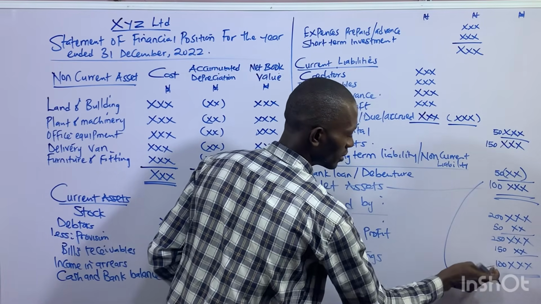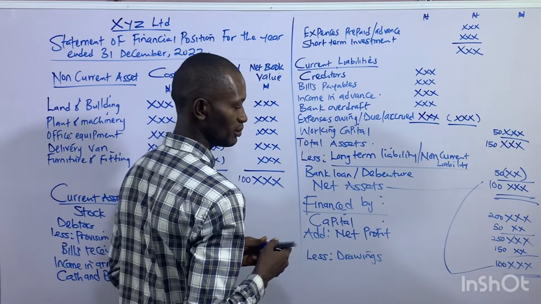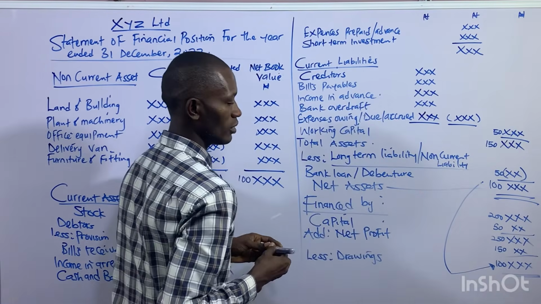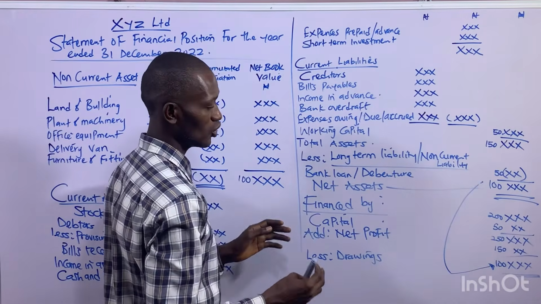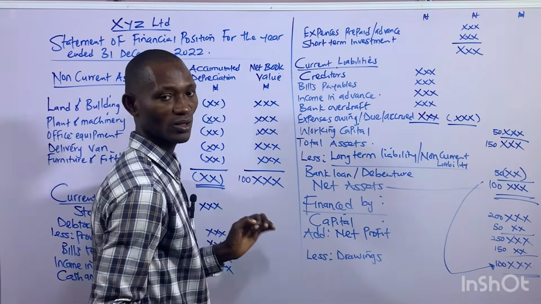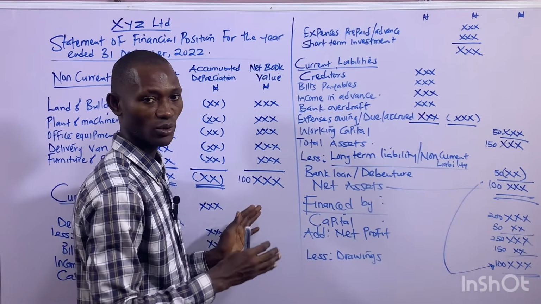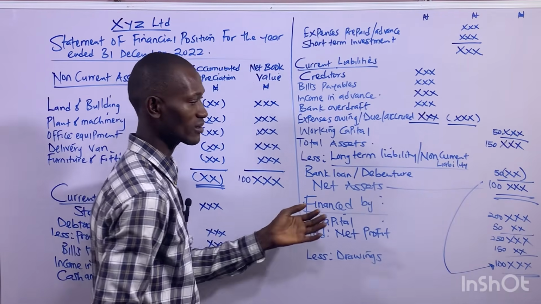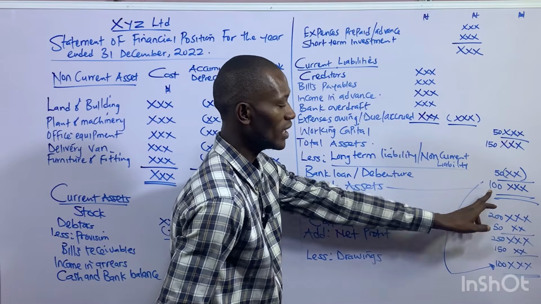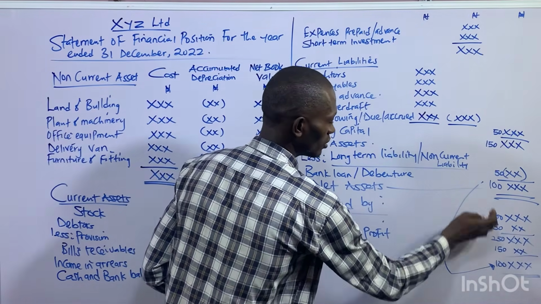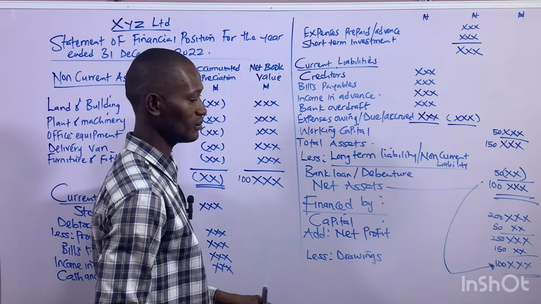These two figures must be the same for you to be sure that your balance sheet, that's your statement of financial position, the workings, the postings, the recordings are intact. That means your total assets must be equal to your financed by. So 100, 100. So they are equal now.